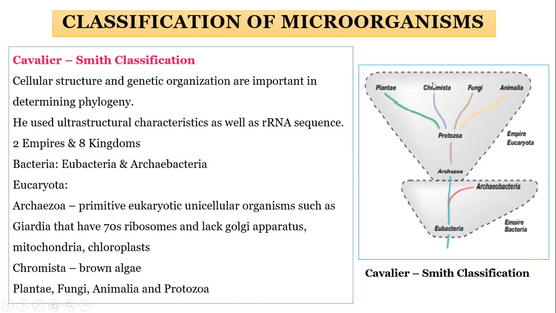The kingdom Chromista includes brown algae, Plantae includes plants, fungi includes yeast and mold fungi, Animalia includes animals, and the kingdom Protozoa includes the protozoa. So this is the Cavalier Smith classification. He classified living organisms into two empires and eight kingdoms.